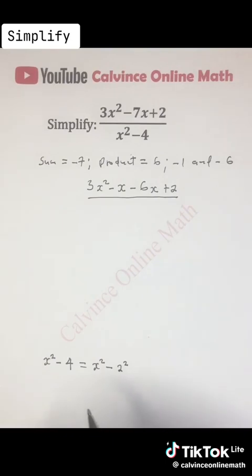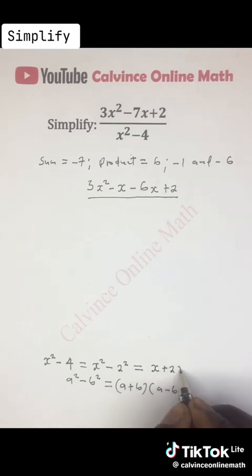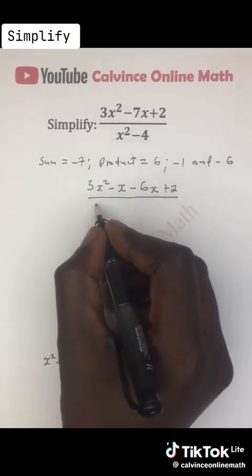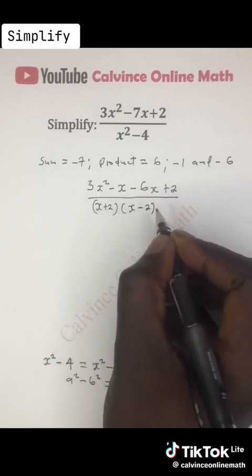And if you remember the quadratic identities, this is a difference of squares, that is a² − b², and that is always (a + b) times (a − b), to mean that this particular expression can be written as (x + 2) times (x − 2). So in the denominator we have (x + 2)(x − 2).